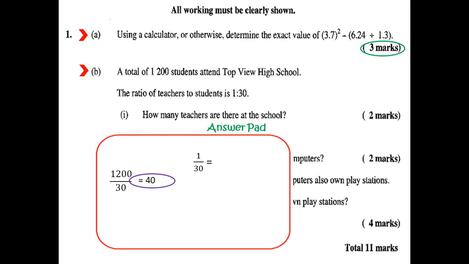So we could say, all right, 1 teacher to 30 students. So how many teachers to 1,200 students? And then we do what? Our cross multiplication procedure here. So 30 times x is 30x, and 1 times 1,200 is 1,200. We divide both sides by 30, we would still end up with our 40 there. So 40 teachers are present. All right, 2 marks.